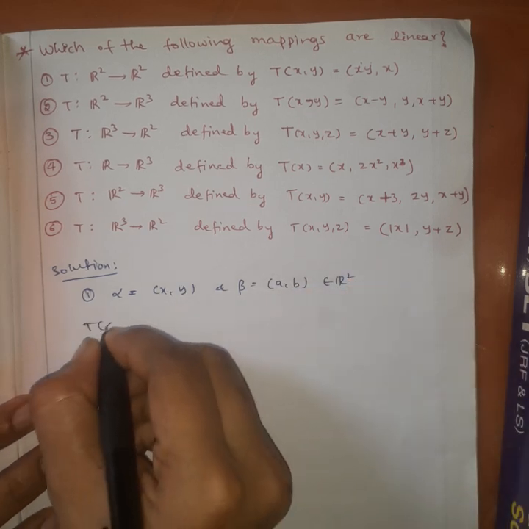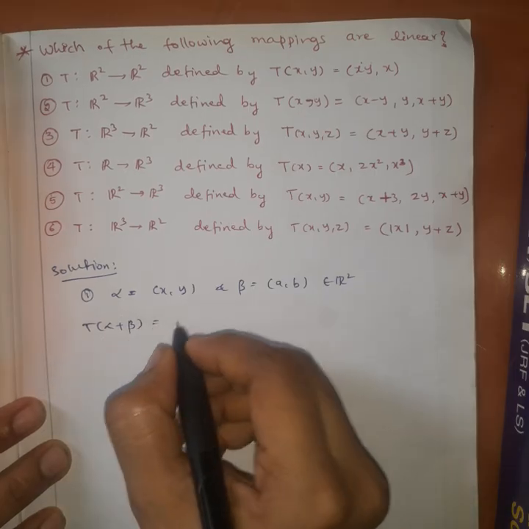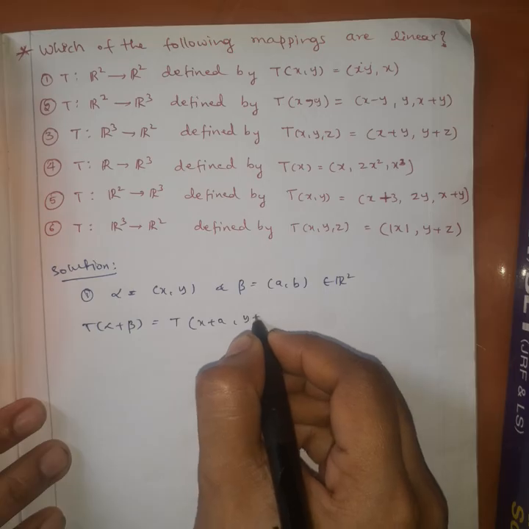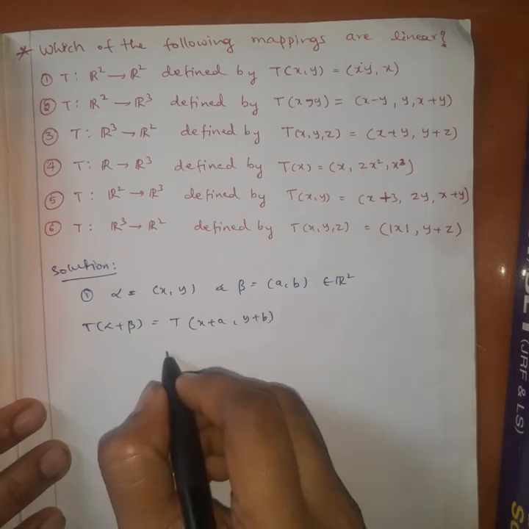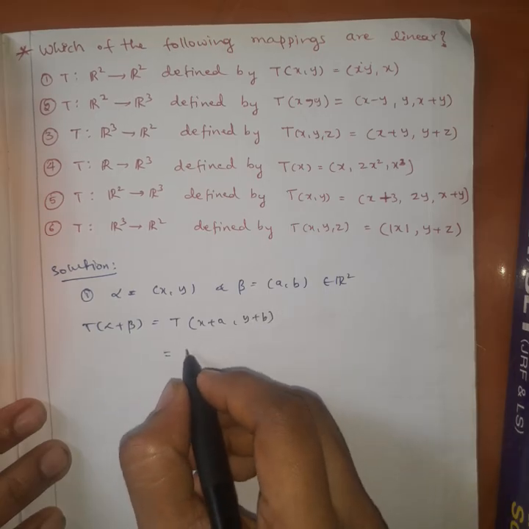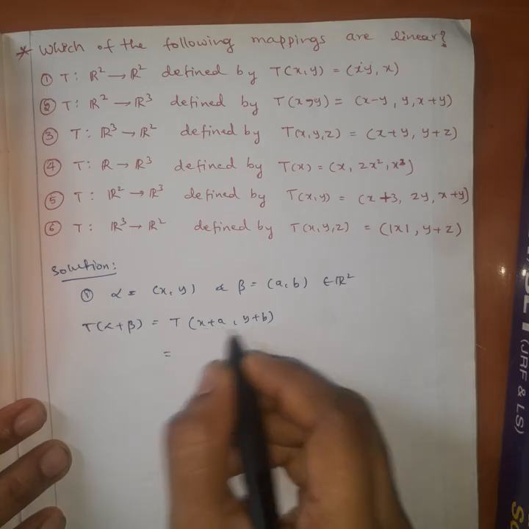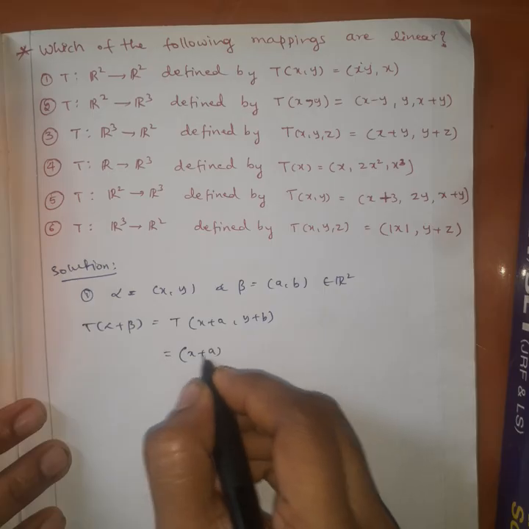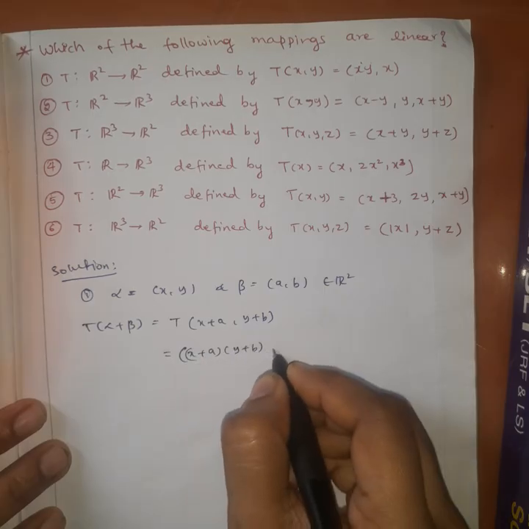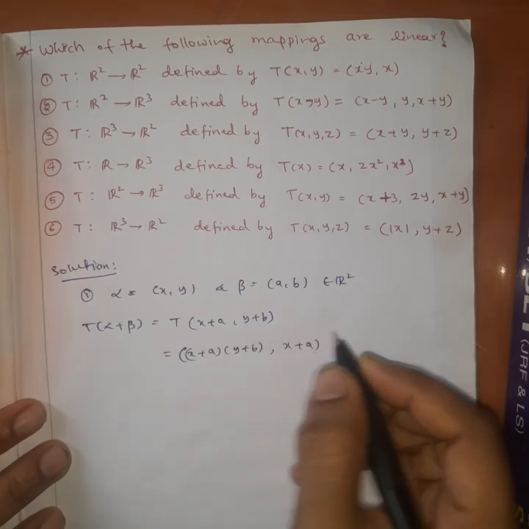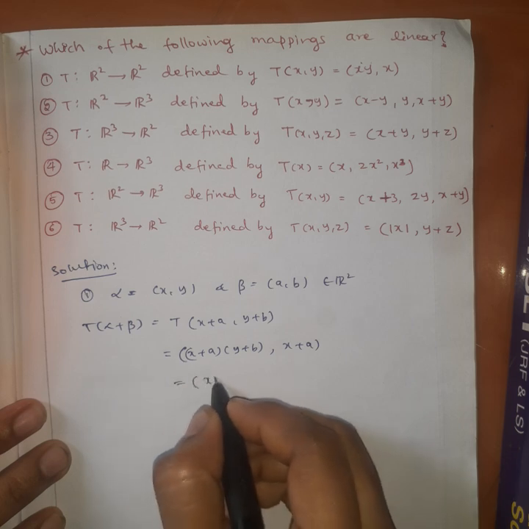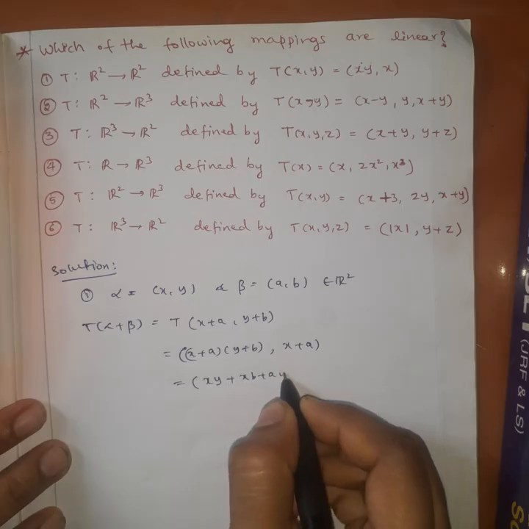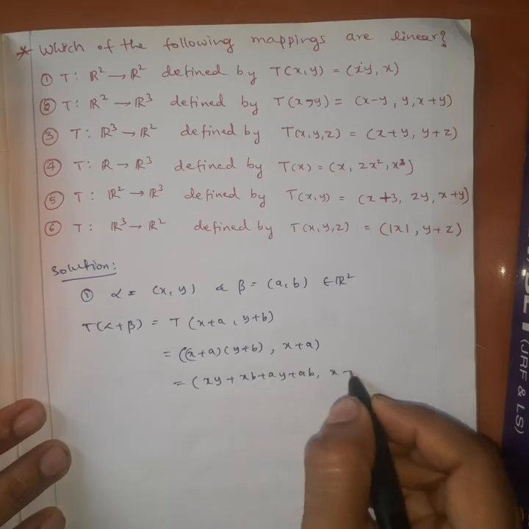Now T of alpha plus beta is equal to T of (x plus a, y plus b). This is nothing but the first coordinate times the second coordinate, so (x plus a) into (y plus b), comma x plus a. Expanding, you will get xy plus xb plus ay plus ab, comma x plus a.